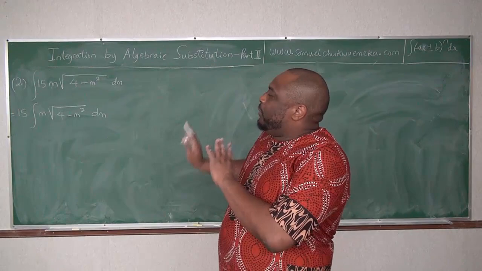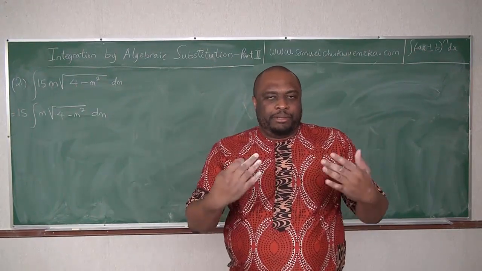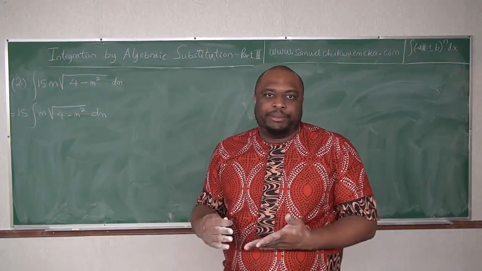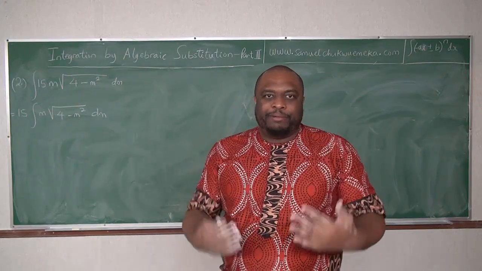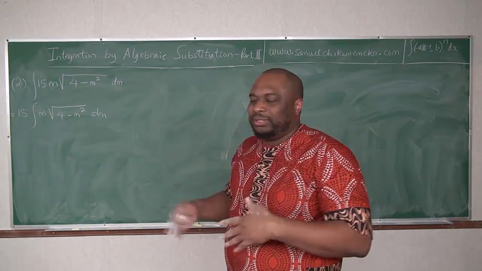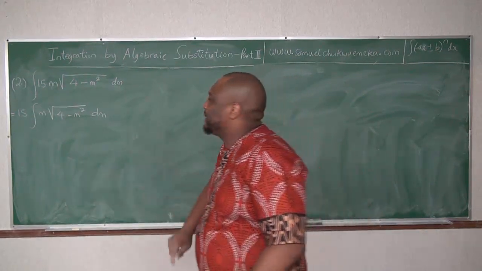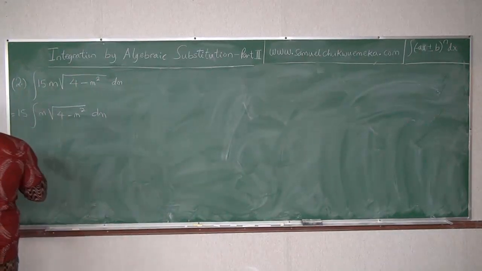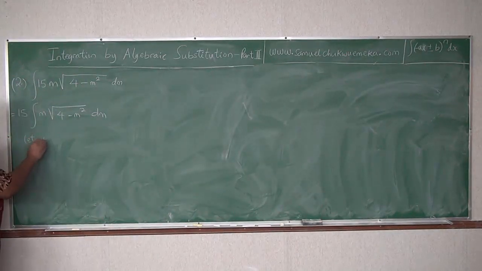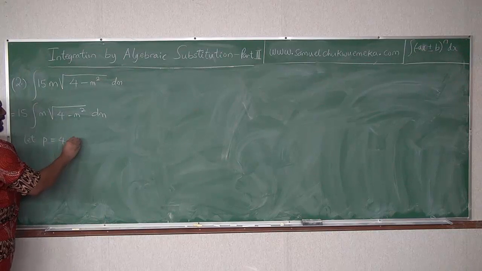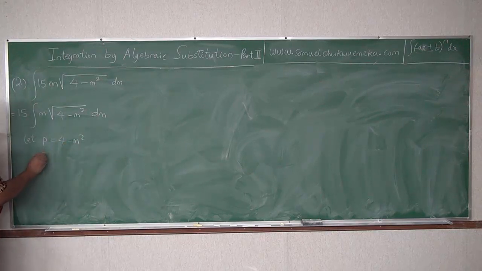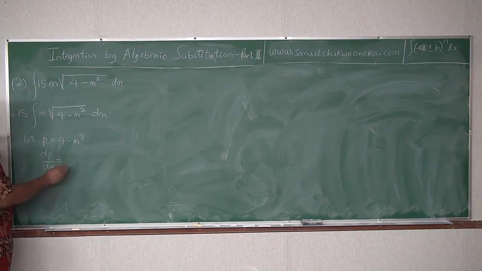Okay, so I'm going to substitute with 4 minus m squared. That's what is preferred, and that's what will work in this case. So I will say let P be 4 minus m squared. We find dP/dm, and that is minus 2m.